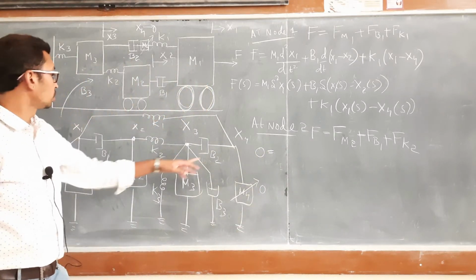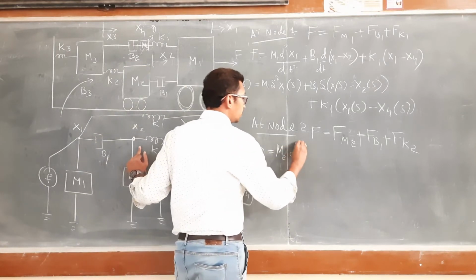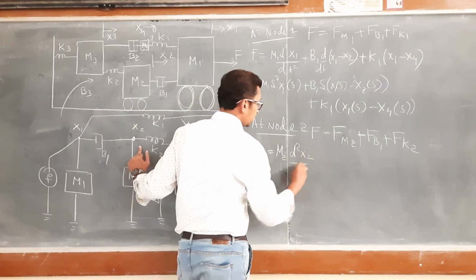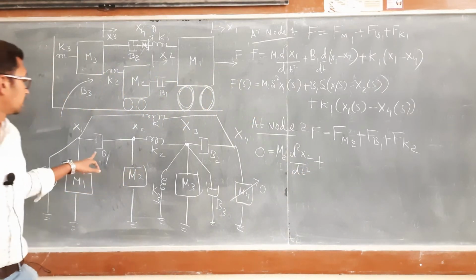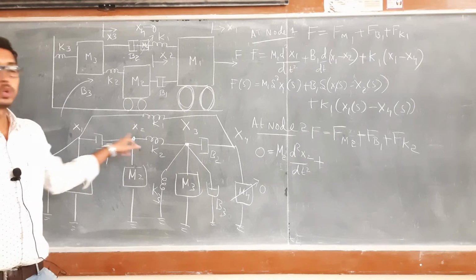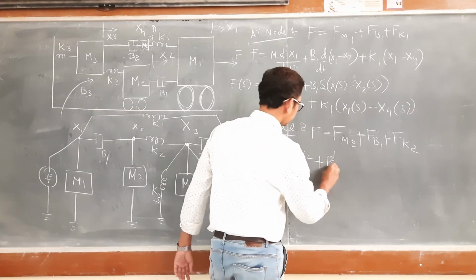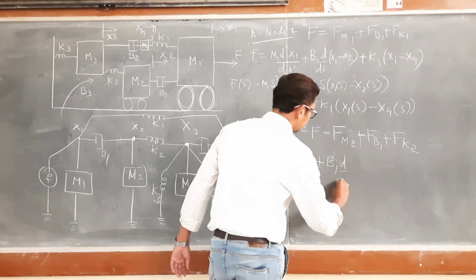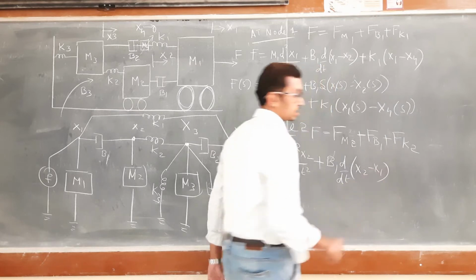Next, M2 is represented at node number 2, so it will be M2 d square x2 by dt square plus the force of B1. B1 is between node 2 and node 1, so this will be B1 d by dt of x2 minus x1.